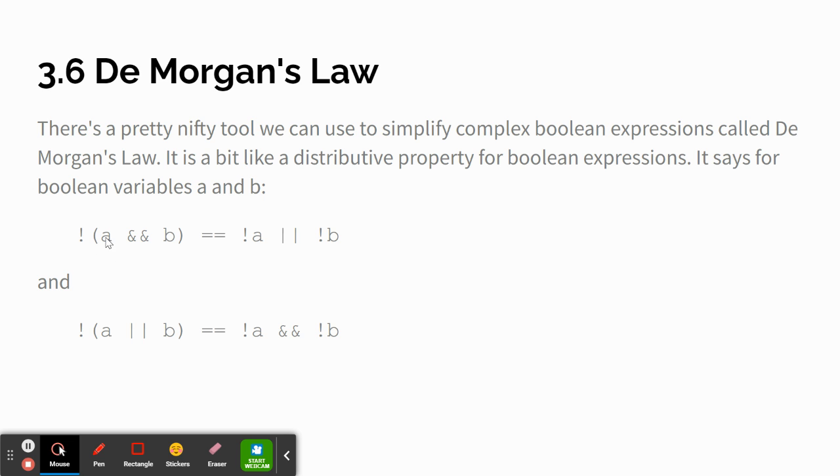So it becomes not A, and then the opposite of and is or, and then it becomes not B. Do you see that? And over here, if we had not A or B, it becomes not A and not B. You have to apply the not symbol to each thing on the inside.